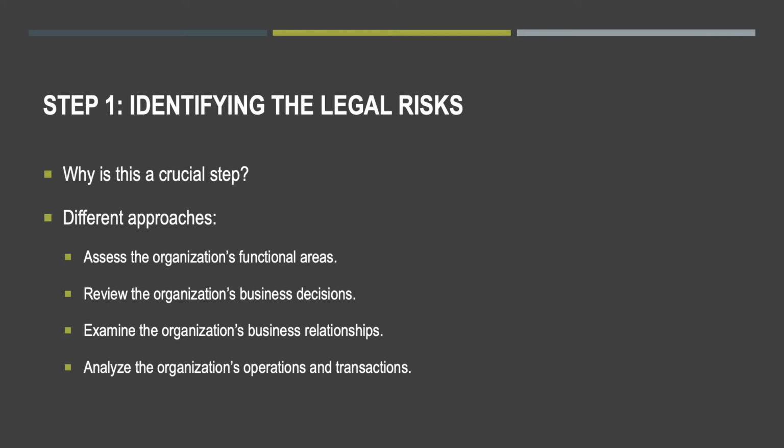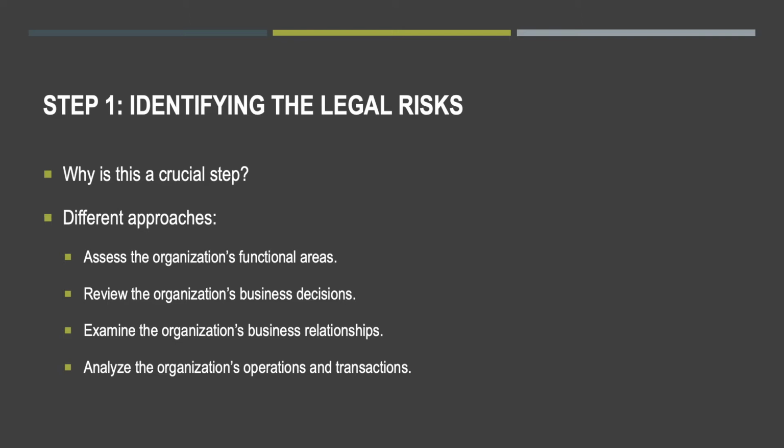There are different approaches, and it depends on the type of business. We could, for example, look at the organization's functional areas. So think of your functional areas as part of your business degree. You take some marketing courses, you take some finance courses, you might take some human resource courses. Those are all different functional areas of business. So you might decide to do your analysis by looking at each functional area independently.